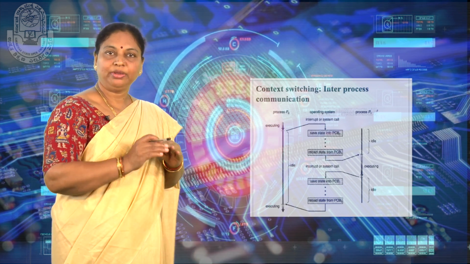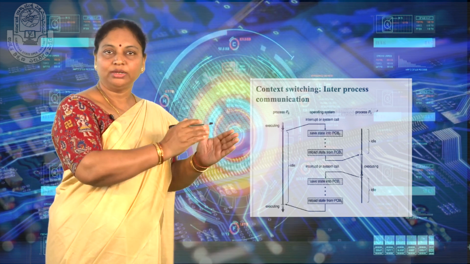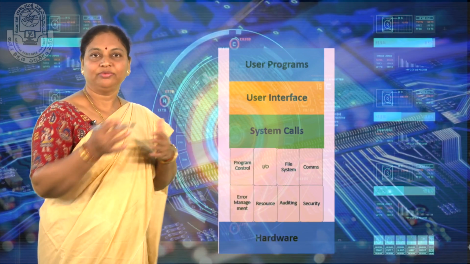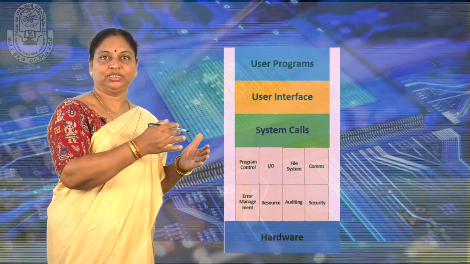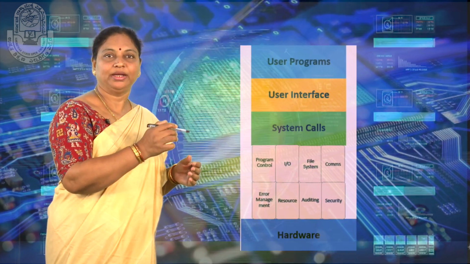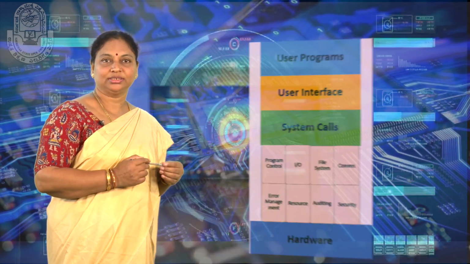That is how the CPU switches from one process to another. So when an operating system is interacting with a process, the interface between them is provided by the system calls.